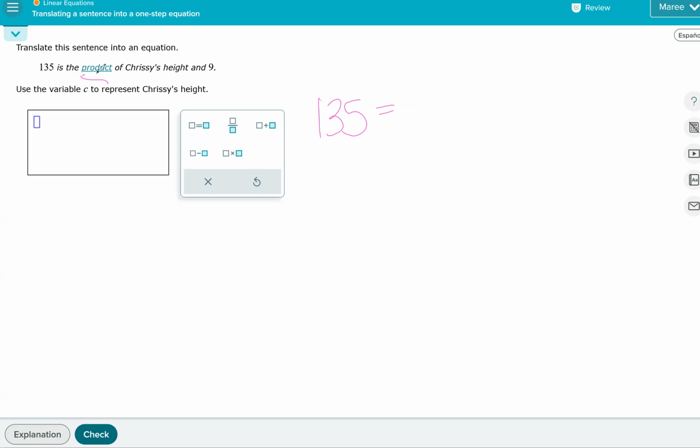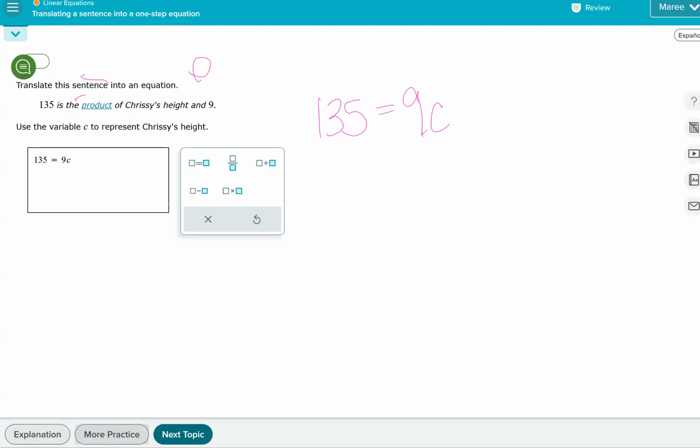So if you look further in the sentence, you'll find the word and. That separates those two things that you're multiplying. So we're multiplying Chrissy's height and 9. So we're supposed to use C for Chrissy's height, and we're going to be multiplying it by 9. Because we're using a variable, we actually want the 9 to come first. So we'll do 135 equals 9C.